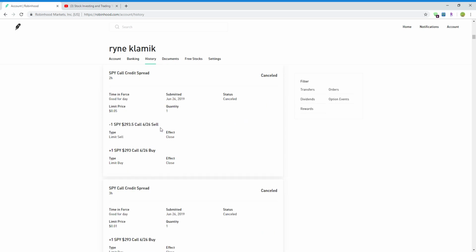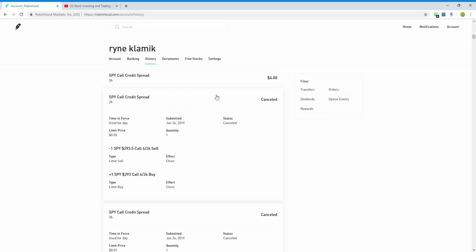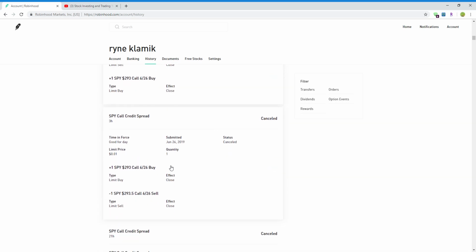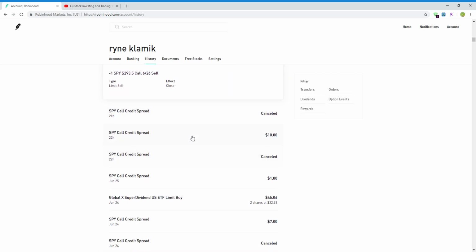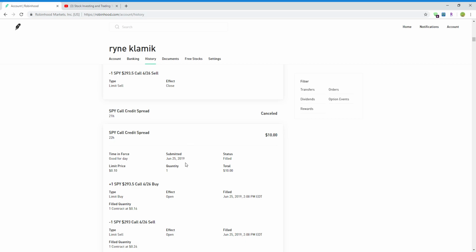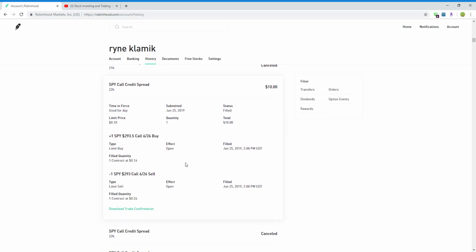What I did was I sold the $26 call and I bought the $16 call for a net credit of $10 when I opened the position. You can see the filled quantity right here.